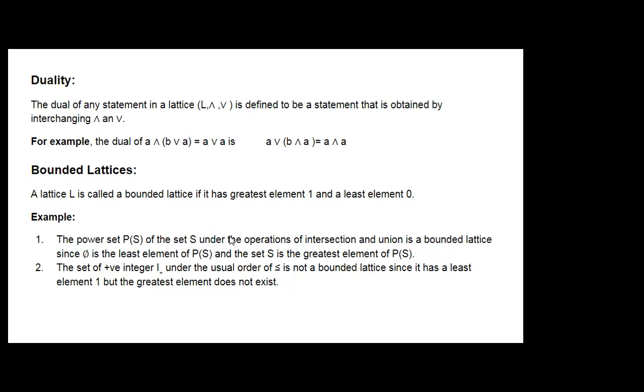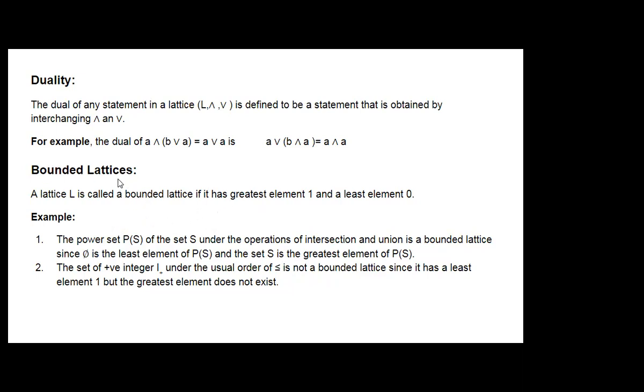Okay. Whatever phi is, the intersection, so it will be the least element, and the greatest element will be the power set of S itself. So we can say that between phi and the power set of S, all the values are contained.